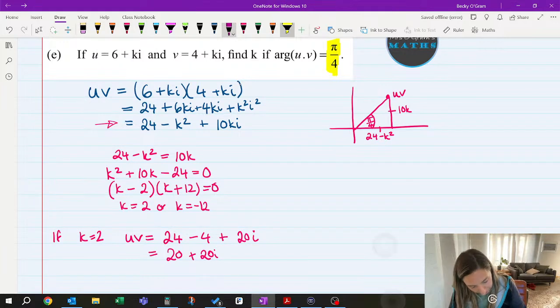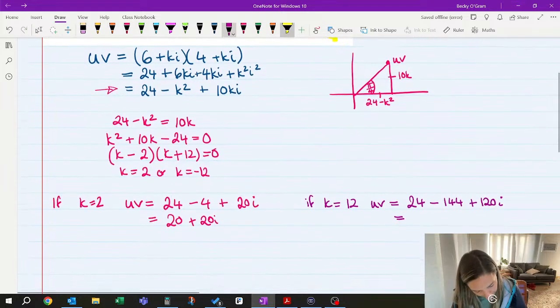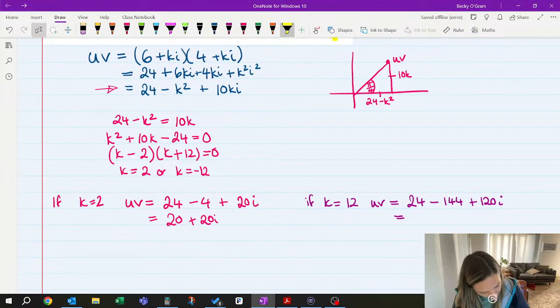Now, if k is equal to 12, uv would be 24 minus 144 plus 120i. Oh, one moment, I've put k equals 12. We want to try k equals minus 12.